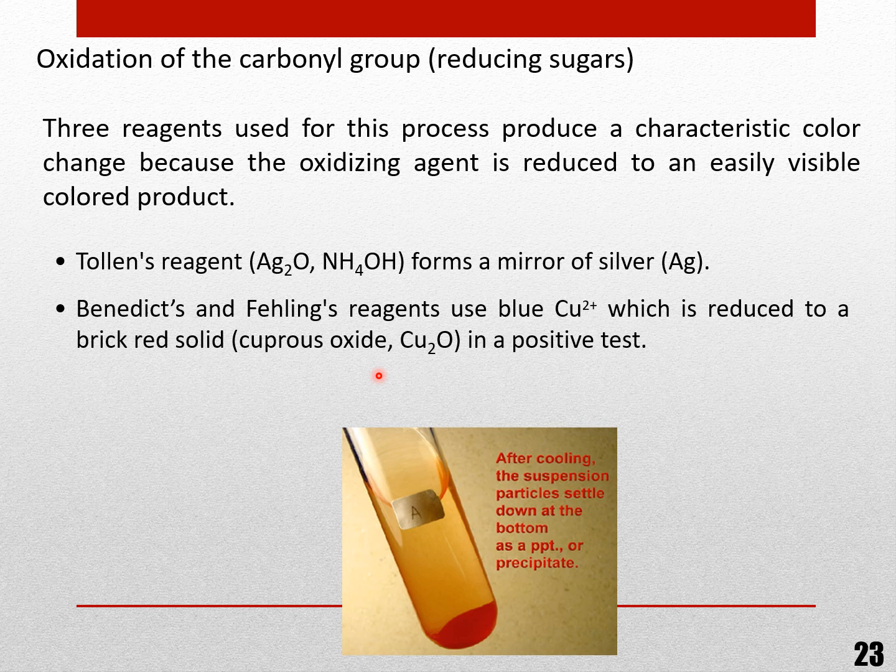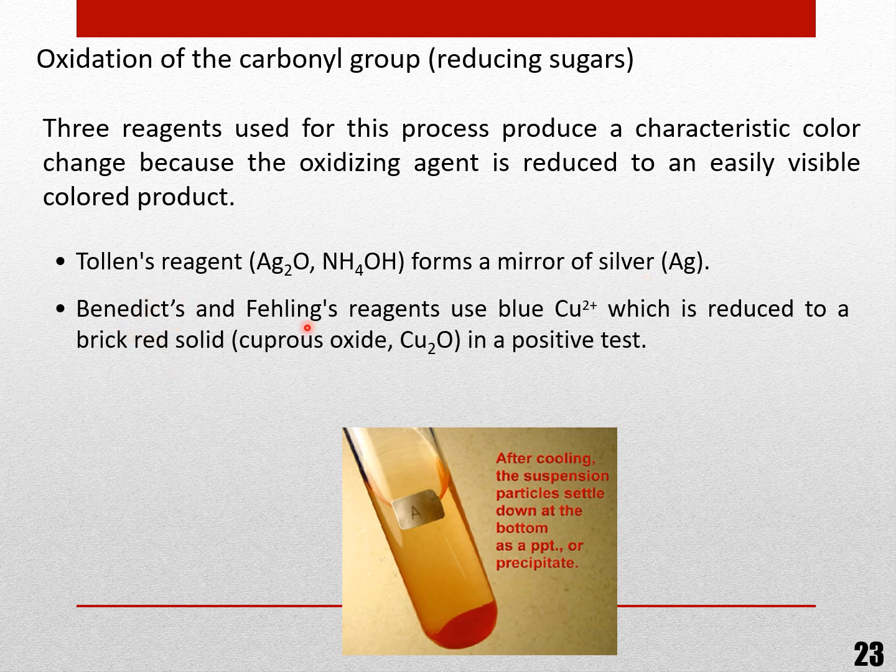For example, with silver oxide in ammonia, it is Ag plus, a cation with a plus charge. And then when it is reduced by glucose, it will become silver. So there is a change of color where silver will be formed. In fact, it becomes a precipitate. So if you see a liquid become a shiny precipitate, therefore a reducing sugar is present when exposed to Tollens reagent.